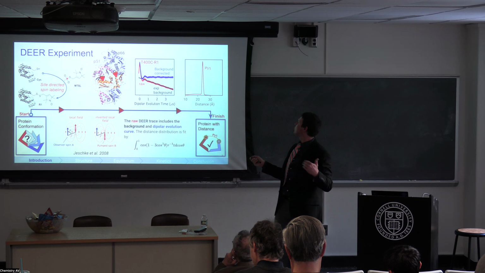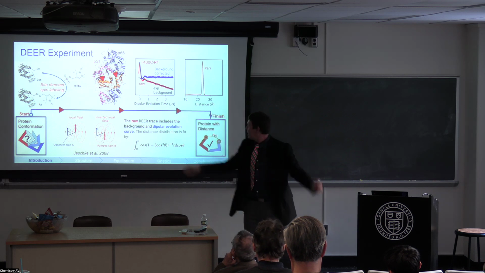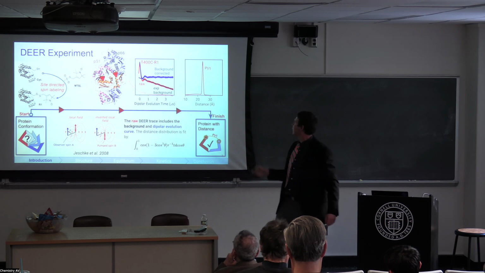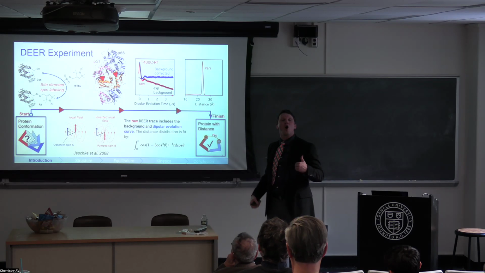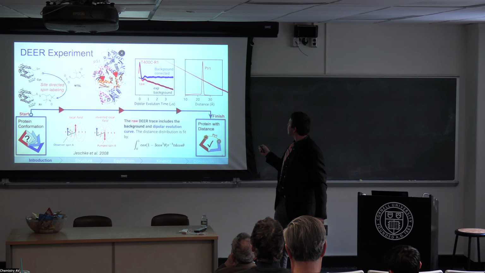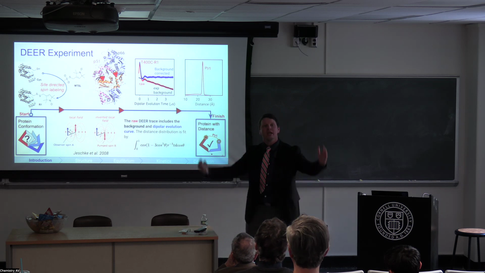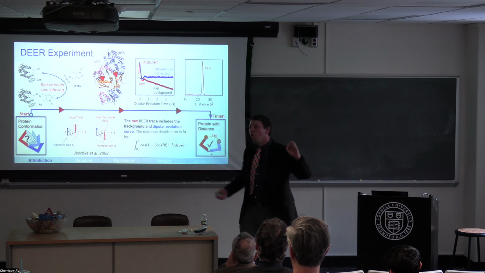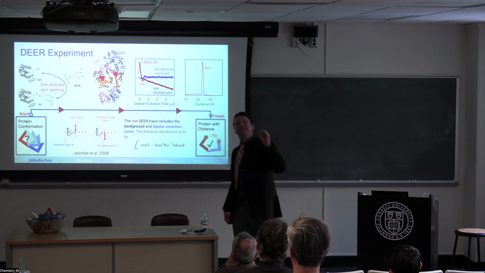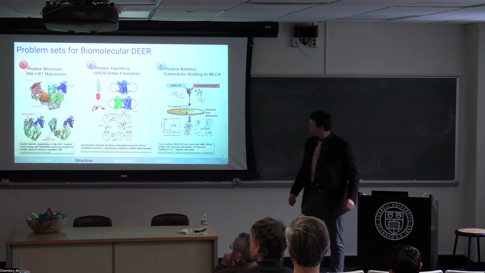Upon doing so twice, we can now measure a paramagnetic distance in space that will ultimately give us a dipolar evolution time trace. Thanks to mathematical manipulation, we can extract a distance population that can be fed into our initial problem and therefore restrain the domain arrangement and solve our question of what the underlying structure is that causes this biological function.